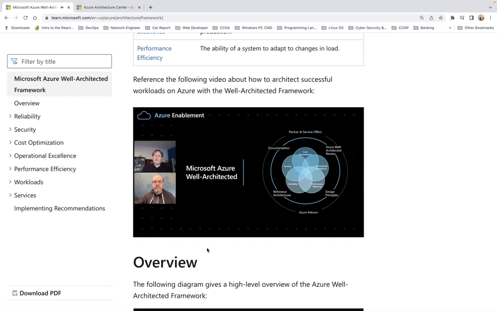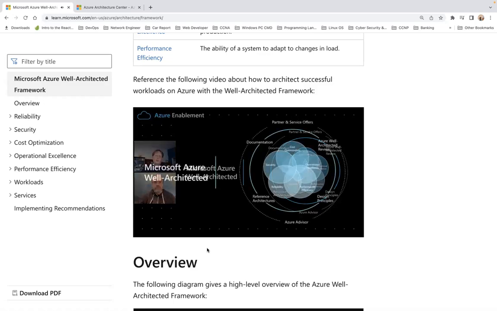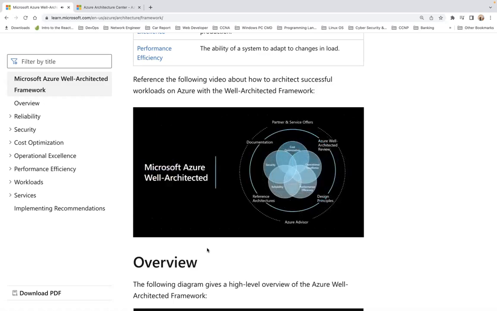The advantage they bring is that they layer their knowledge and experience in with the best practices provided by the Azure well-architected framework to accelerate your workload optimization journey. Along with that, you can get additional recommendations from Azure Advisor. There's content that lives in the Azure Architecture Center that has design principles and reference architectures. And then, of course, we have partner and service offers that you can leverage as well.